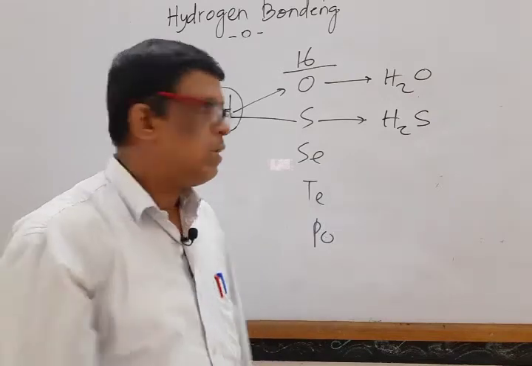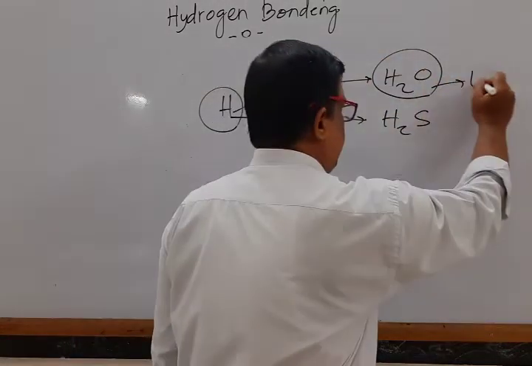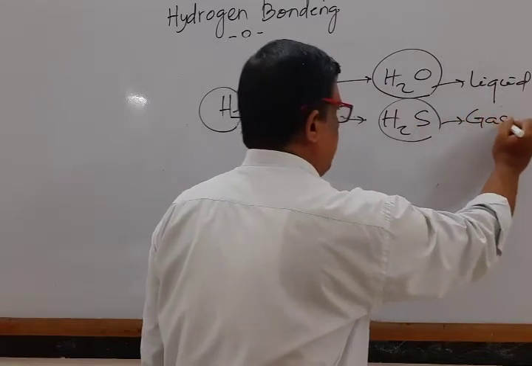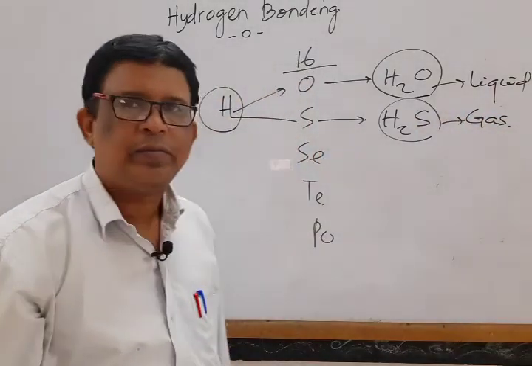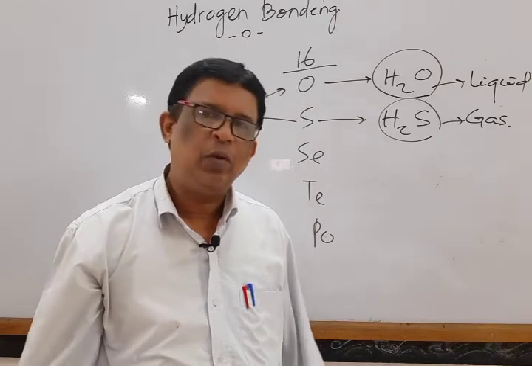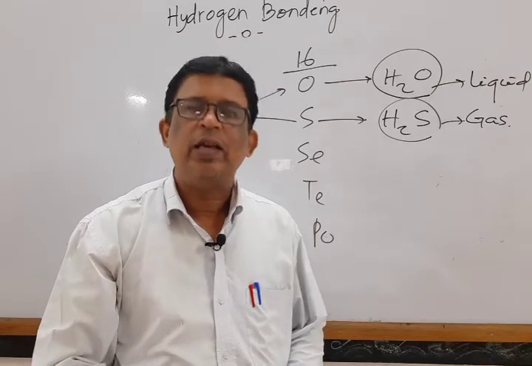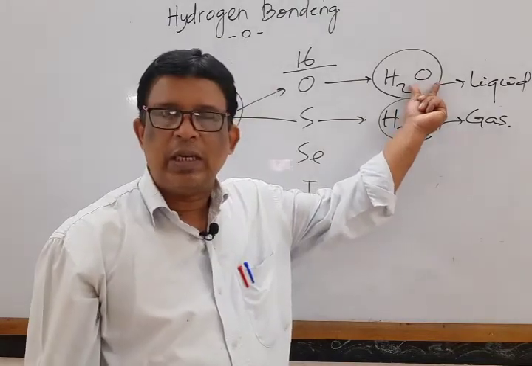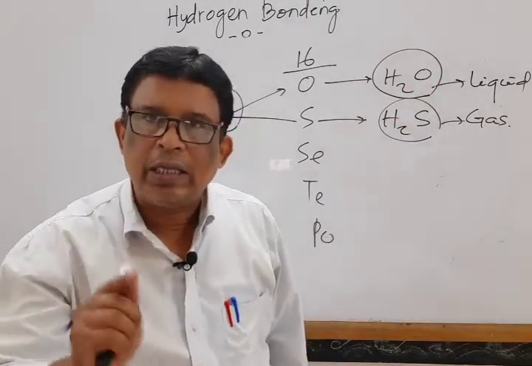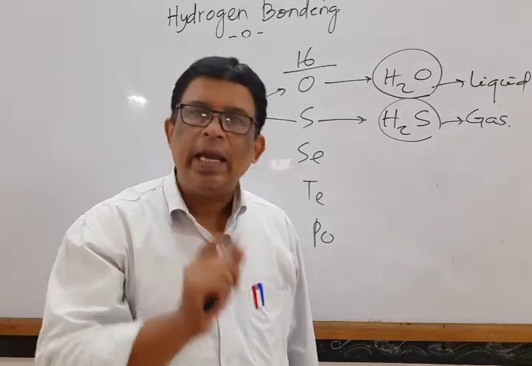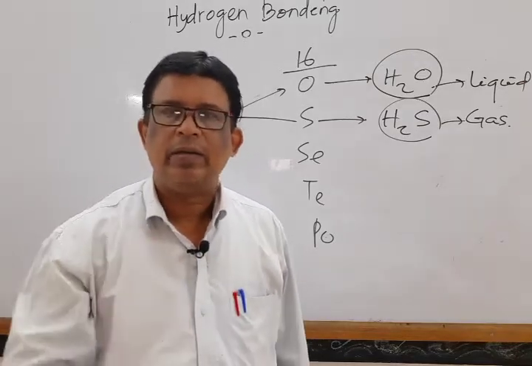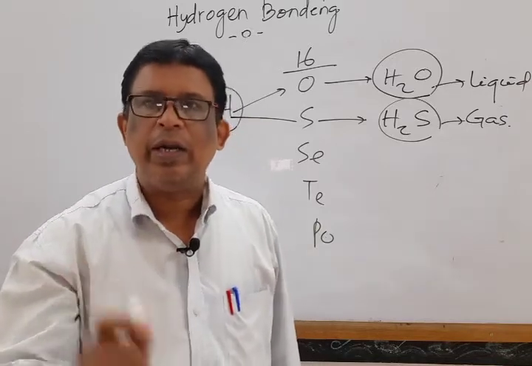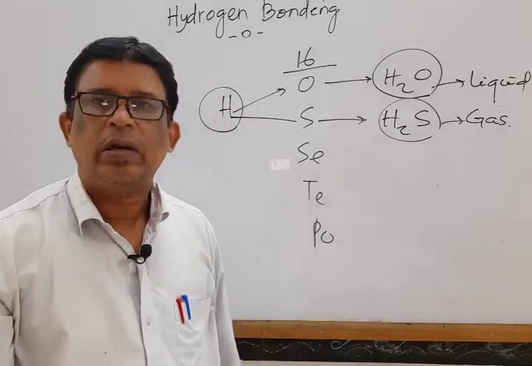But the question is, H2O is a liquid, while H2S is a gas. Explain. Simple answer, already covered. In case of oxygen, due to its smaller size and high electronegativity, it is able to form intermolecular hydrogen bonding with hydrogen.